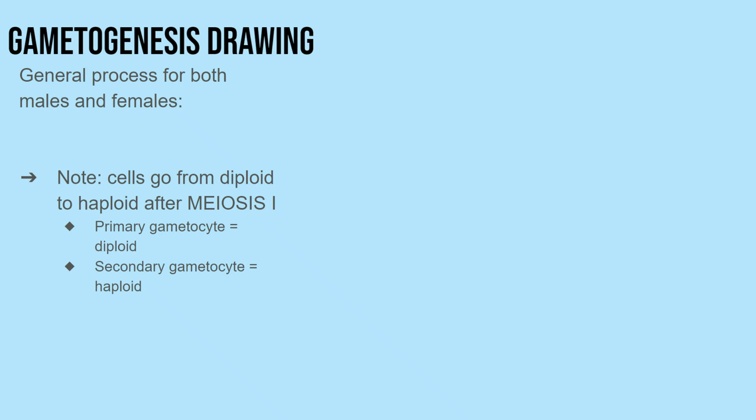And then they mature. So this is maturation into gametes. Those are all haploid.